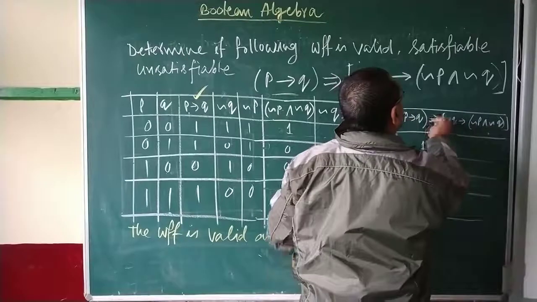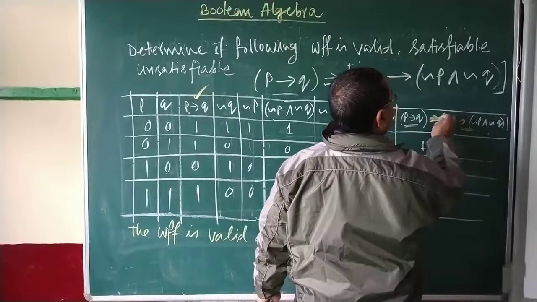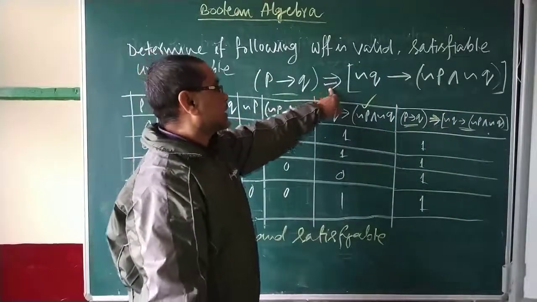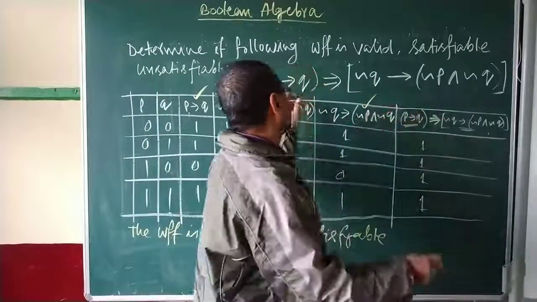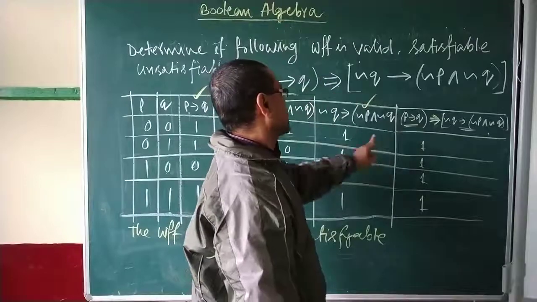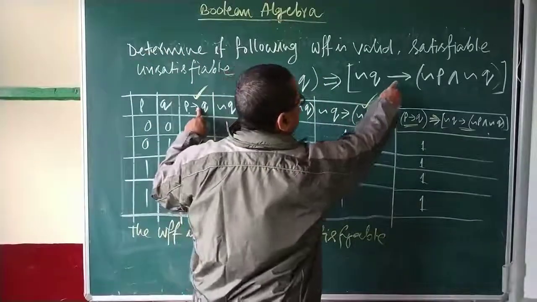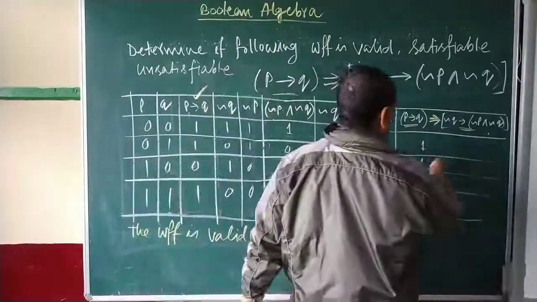This is one bracket, this is another bracket. The operation between the brackets will be done at the end: this one we have done, this we have done part by part, and ultimately between these two we do the operation. Then this one and this one, again you do the if then, and you will come to 1 1 1 1.